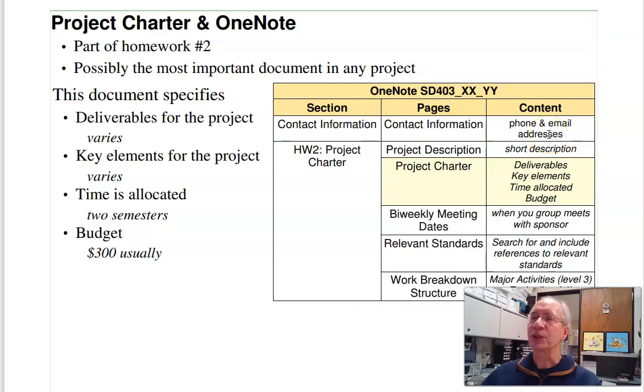That's kind of useful for you and the instructor. If you want to get a hold of someone else in your group, here's how you get a hold of them. Have the next section. That's homework set number 2, your project charter. In the project charter, you've got your project description, your charter, that's your deliverables, key elements, time allocated, budget, bi-weekly meeting dates, relevant standards we just worked on, and work breakdown structure.